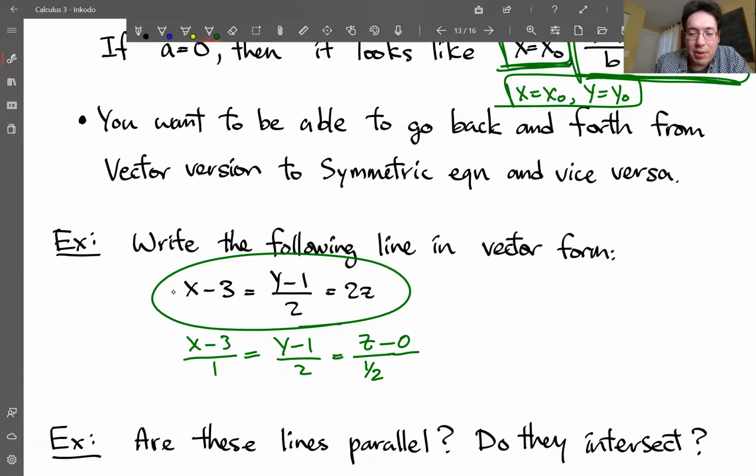So now if I have it in this form, I could write down the symmetric form, sorry, the parametric form. The point that I have is 3, 1, 0. So I'm looking at these numbers right here.